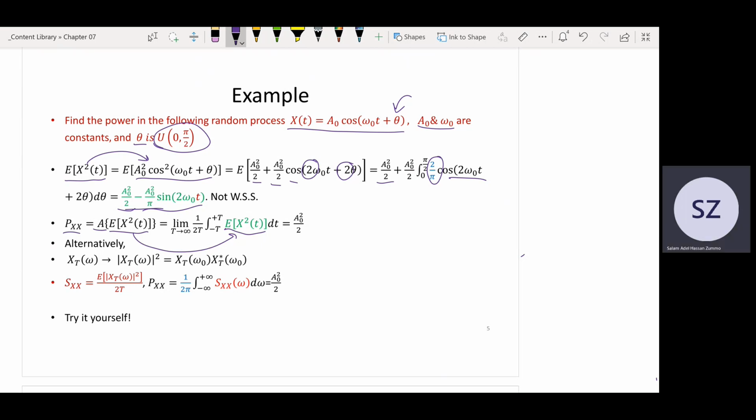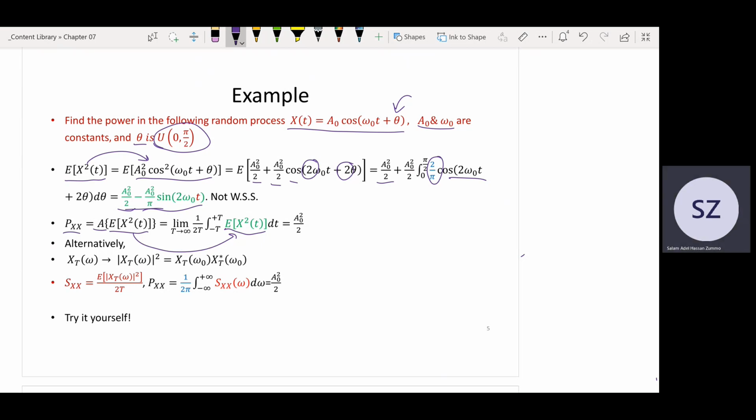A squared over 2, right? Now integrating A squared over 2 sine 2 omega 0 t from minus T to T, and divided by 1 over T. What do we get? 0.